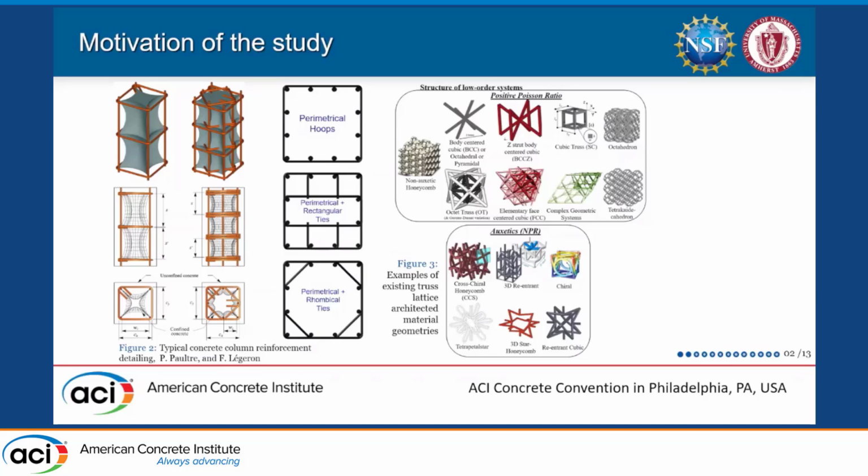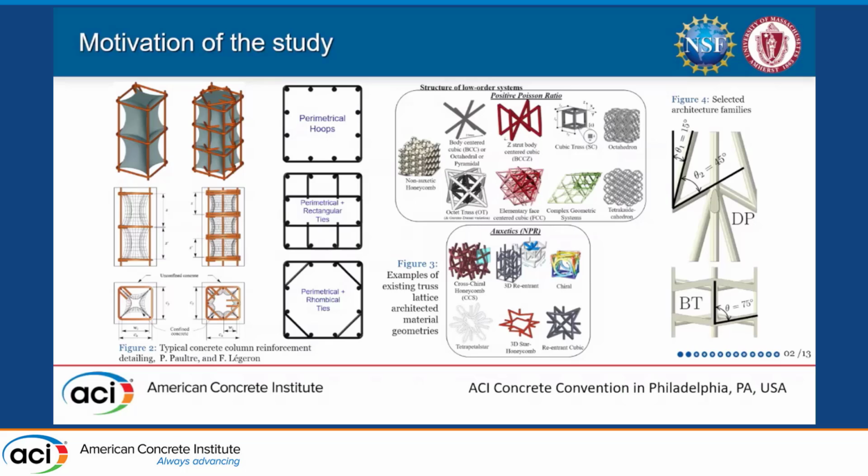We all know that these columns have lateral hoops that prevent the expansion of the effectively confined core, and this essentially boosts the performance of the confined concrete columns.